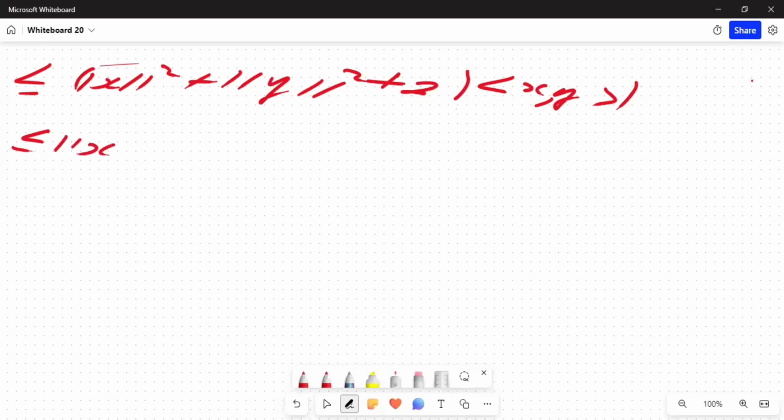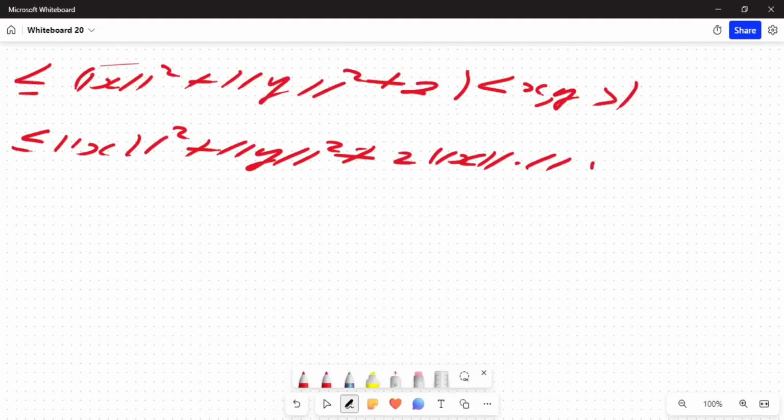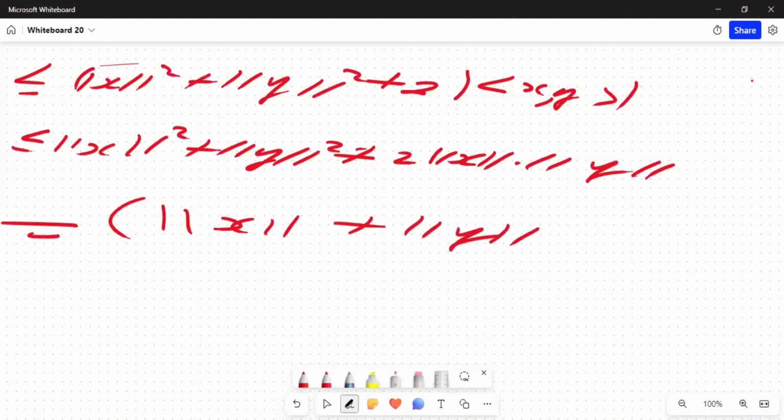This is less than or equal to norm of x squared plus norm of y squared plus 2 norm of x, norm of y. So if you look at this plus this, it simply means that this will be exactly norm of x plus norm of y, if you open this bracket and square it.